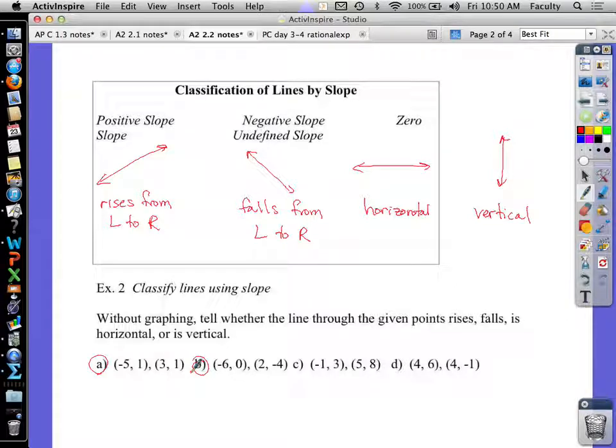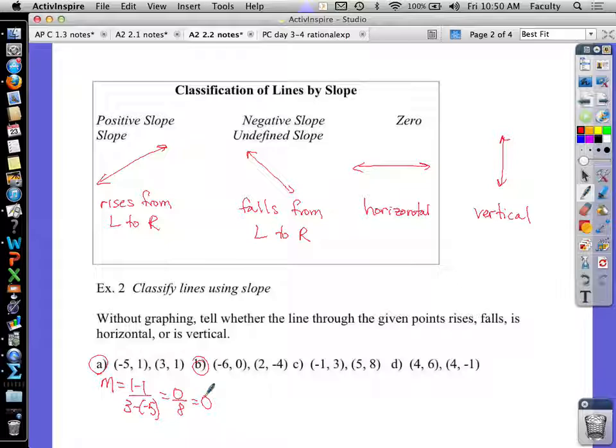In example 2, it says, without graphing, tell whether the line through the given points rises, falls, is horizontal, or is vertical. So we're going to use 1 minus 1 over 3 minus negative 5. That's 0 over 8, which is 0.